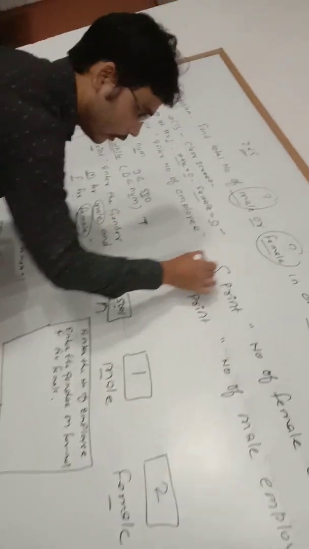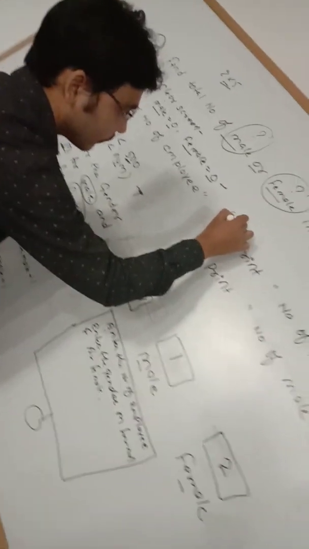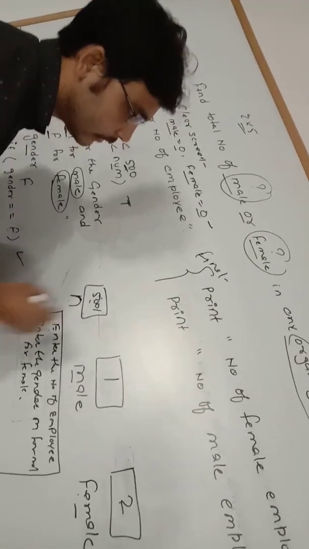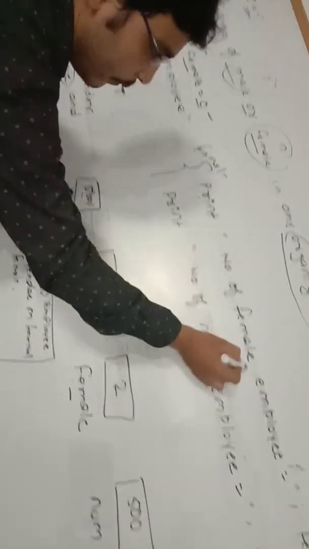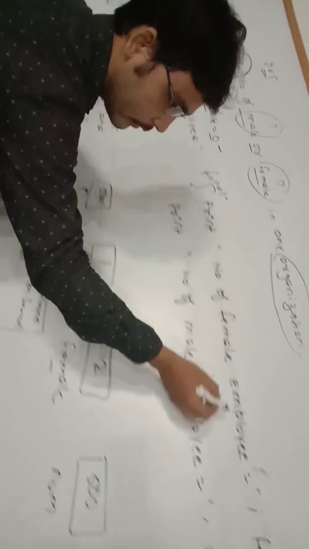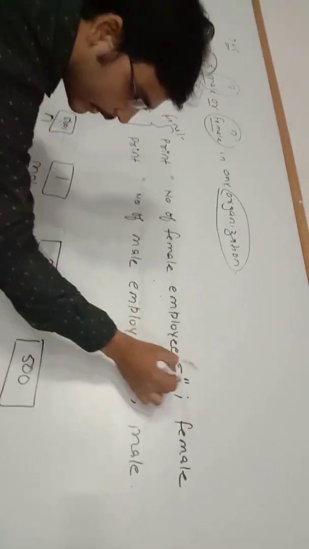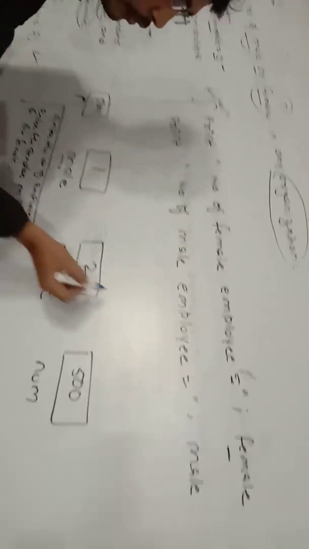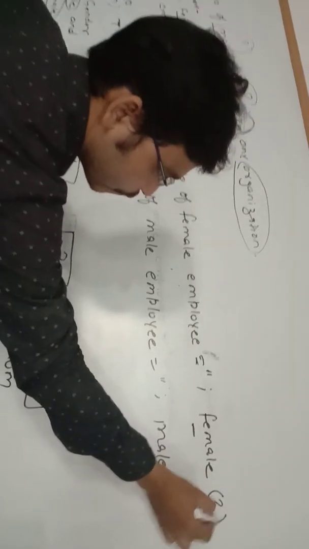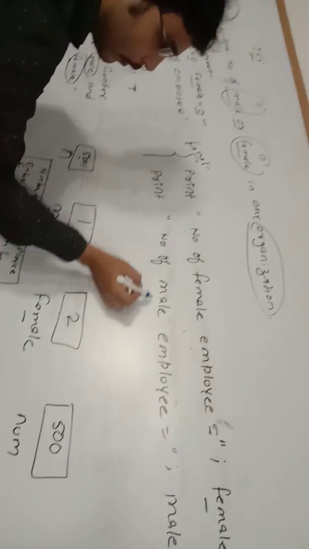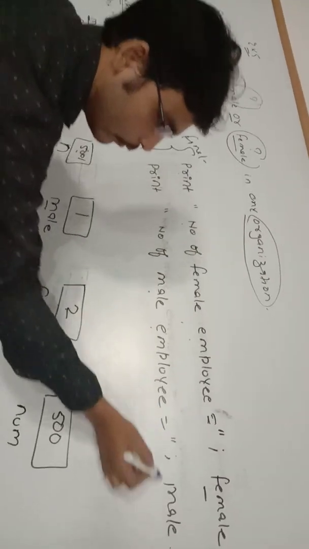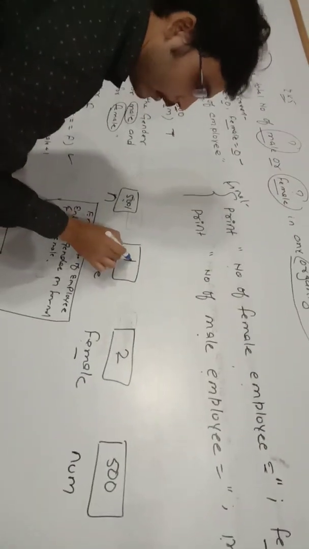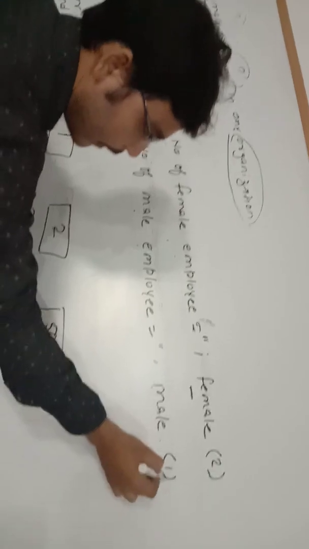This is the final output. What is the final result? Print number of female employee, the number of female employee equal to, bracket close, female. What is the value of female? 2. So the result here is 2, and the number of male employee equal to male. The value of male is 1, so it is 1 here.